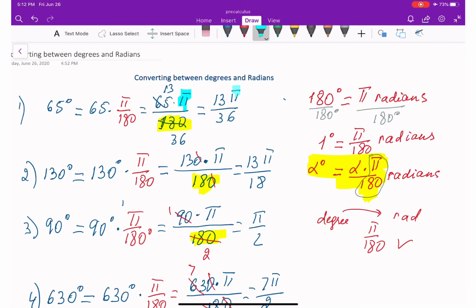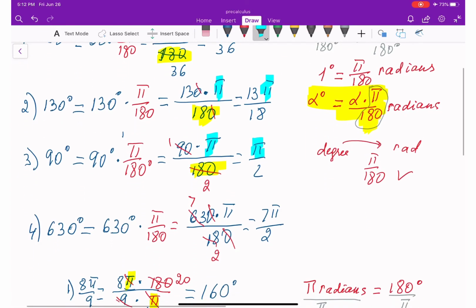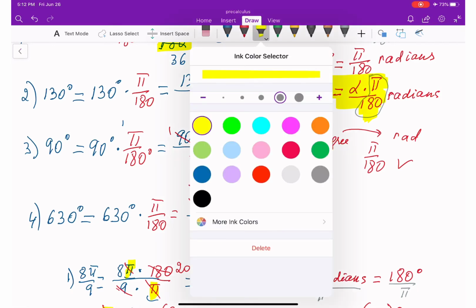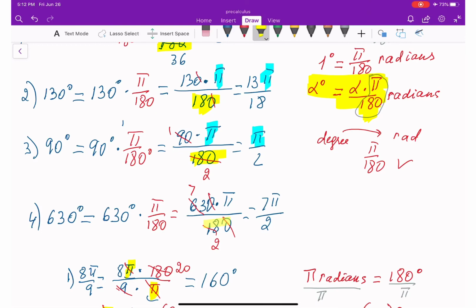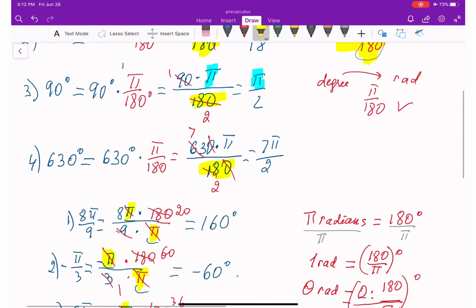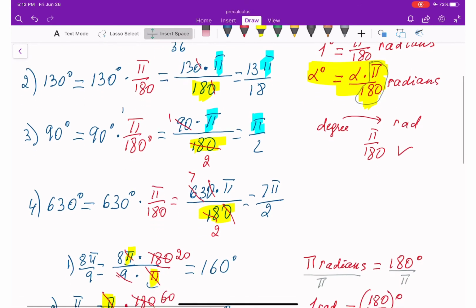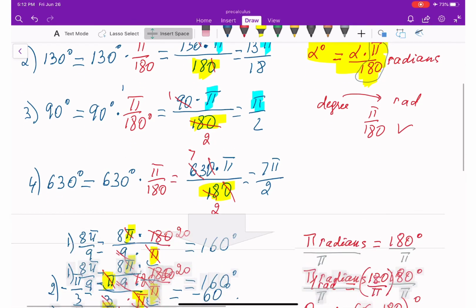See, pi has to be in the numerator. So it will stay, because I want pi to stay there. And degree has to be gone. Therefore, I'll just place it at the bottom, so I can reduce or cancel and so on. Okay? All right.